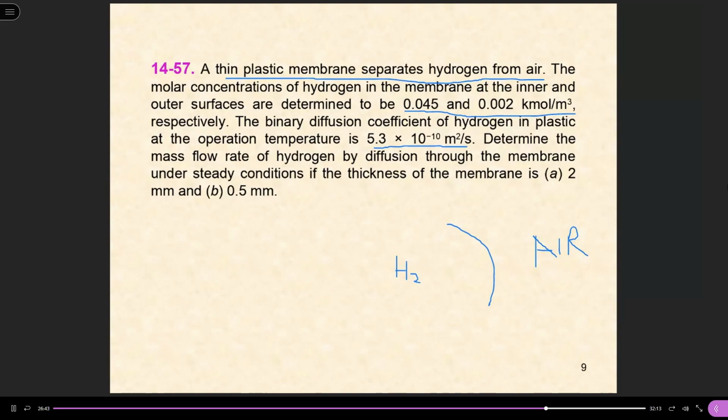Let's imagine this is the balloon, and the diffusion coefficient is already given. The thickness is 2 millimeter, 0.1 millimeter.